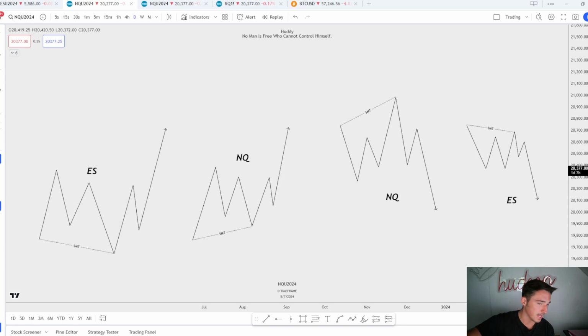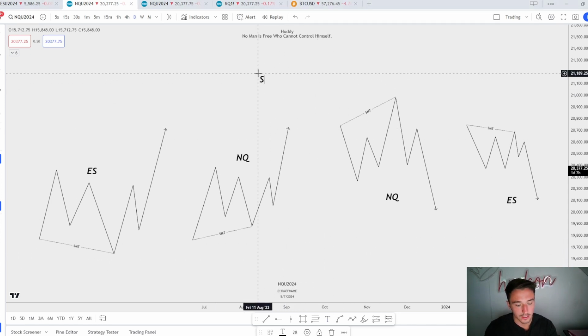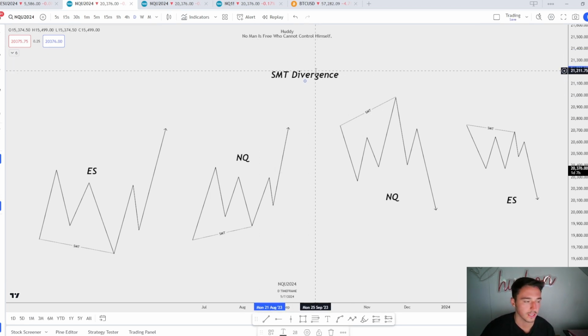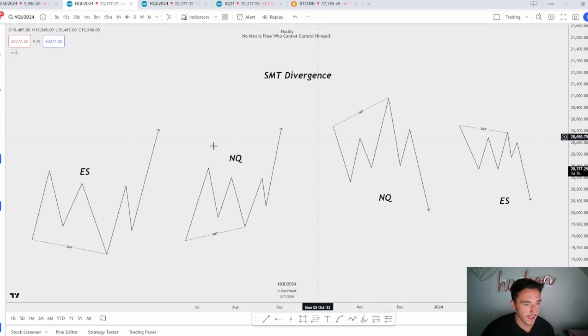It is the first link down below, but we're going to be going over SMT Divergence today, right? So if you don't know what SMT Divergence is, it is a crack in correlation between two correlating assets. I use ES and NQ. If you trade Forex, you can use EUR/USD and GBP/USD. But anyways, we're going to be going over the indexes because I don't trade Forex.